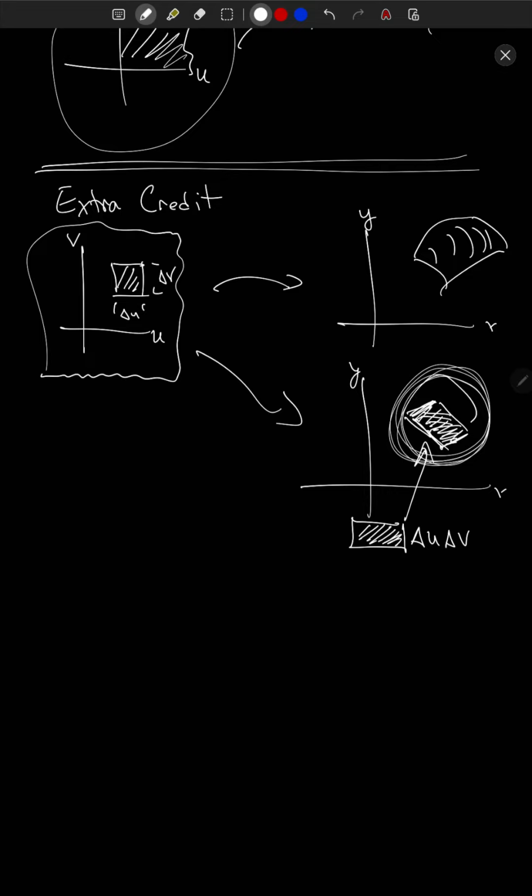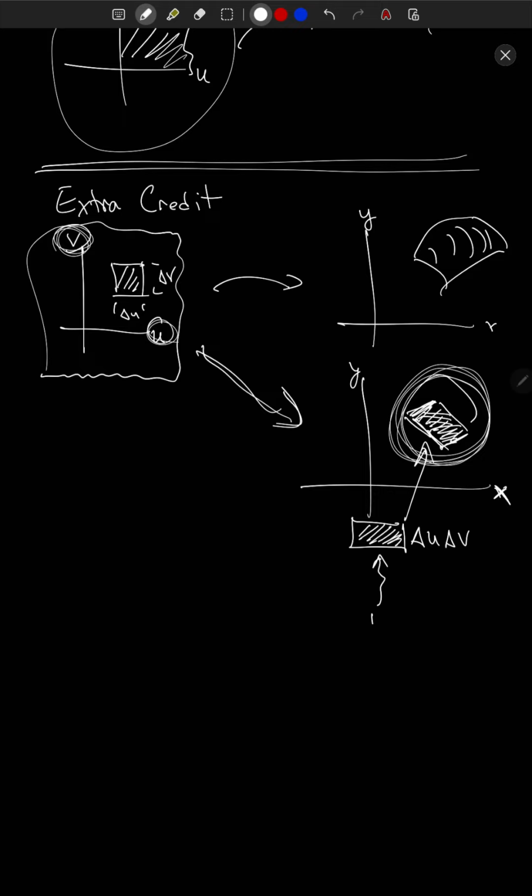You were supposed to do a particular example of that, the mapping with polar coordinates, where U and V represented polar coordinates, and X and Y were just regular X and Y. What you should have gotten was the actual conversion from dx dy to dr d theta.